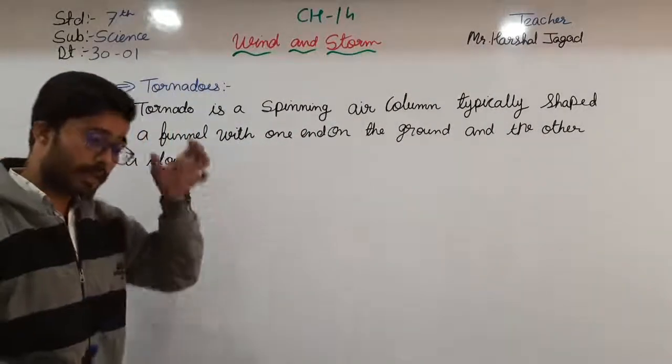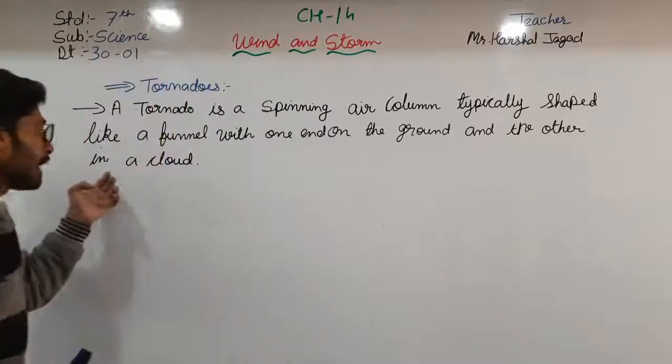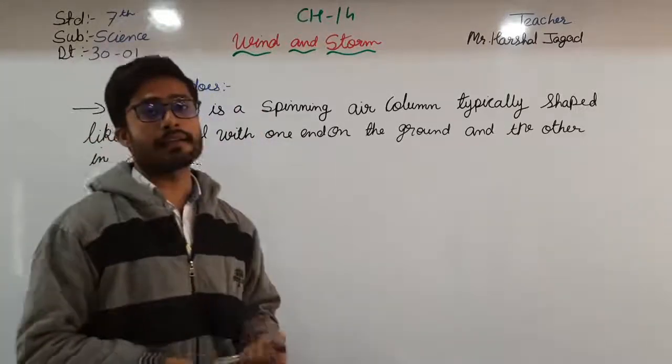Okay students, the other end is at the cloud. It is a funnel-like shape, and one end is at the ground and the other is in a cloud. Okay, that is a tornado.